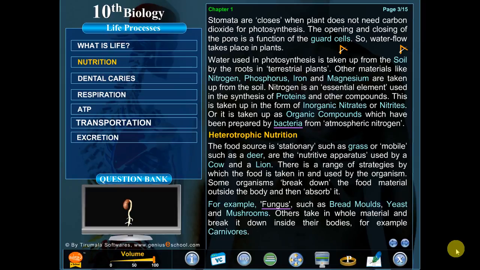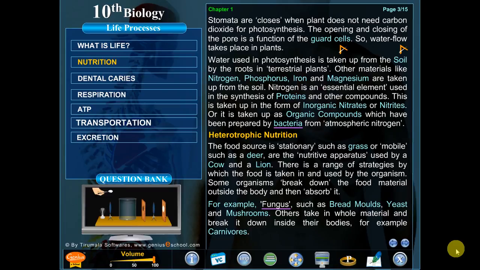So, water flow takes place in plants. Water used in photosynthesis is taken up from the soil by the roots in terrestrial plants. Other materials like nitrogen, phosphorus, iron, and magnesium are taken up from the soil.